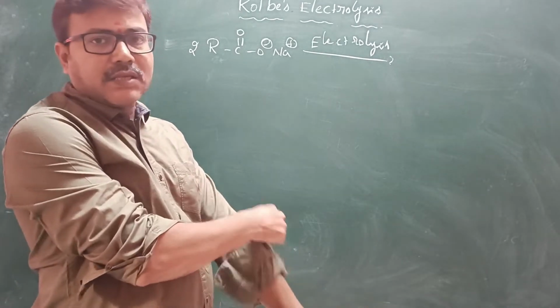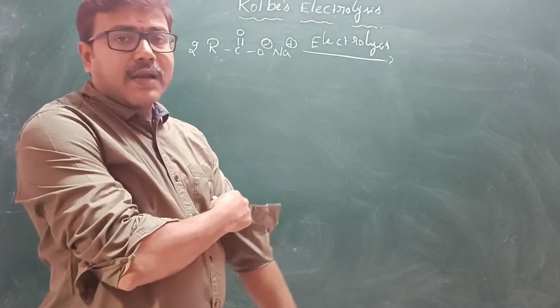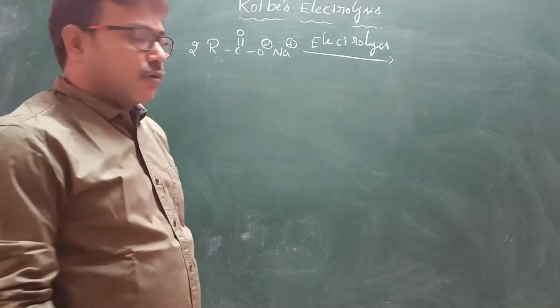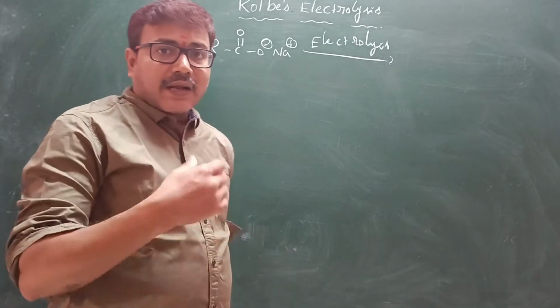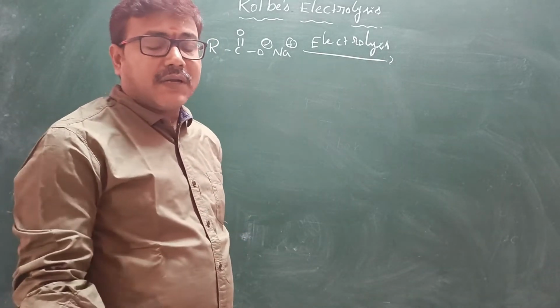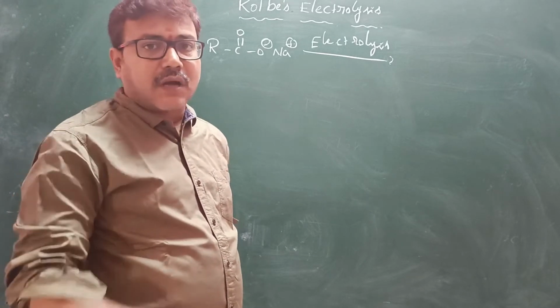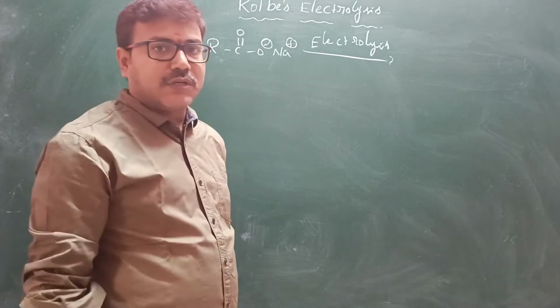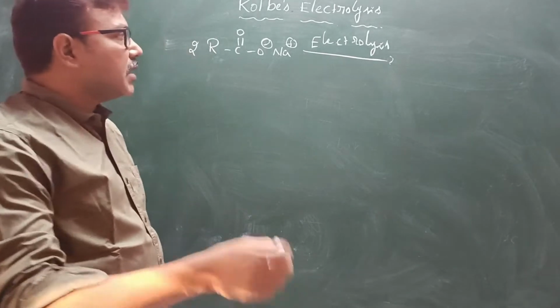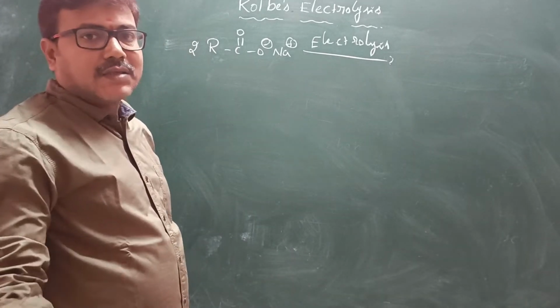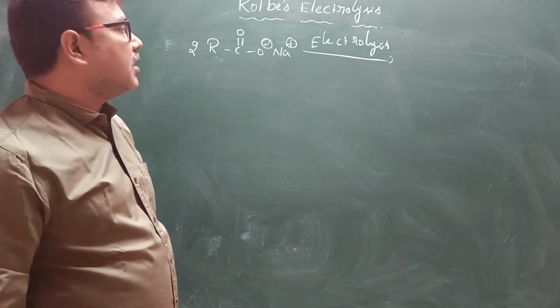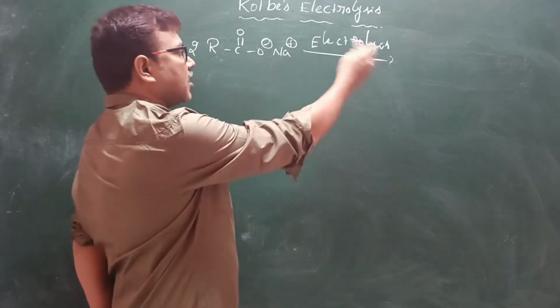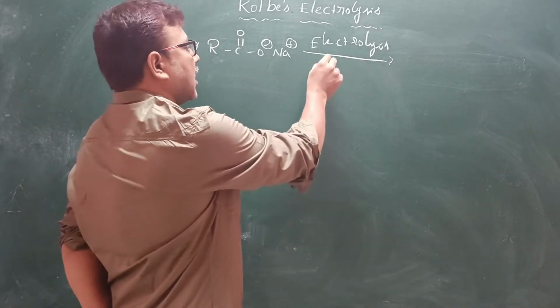For example, NaCl is a bad conductor, but it is a good conductor in aqueous medium or fused state. When NaCl dissolves in water, it easily converts into Na plus ion and Cl minus ion. So here electrolysis takes place in an aqueous medium.